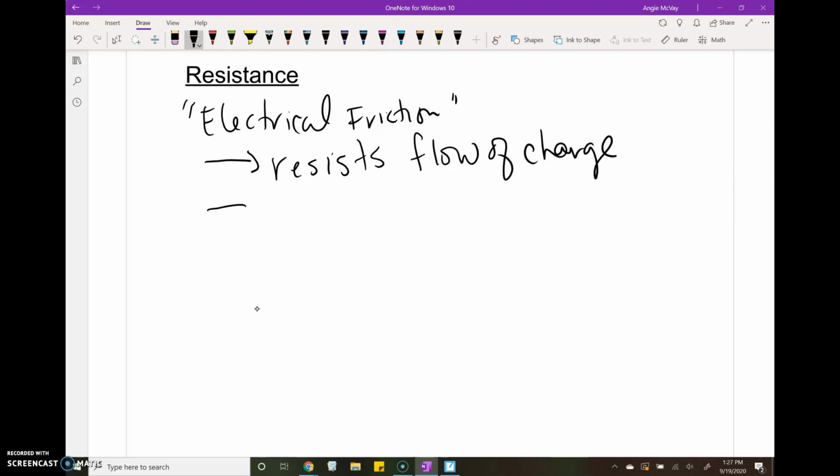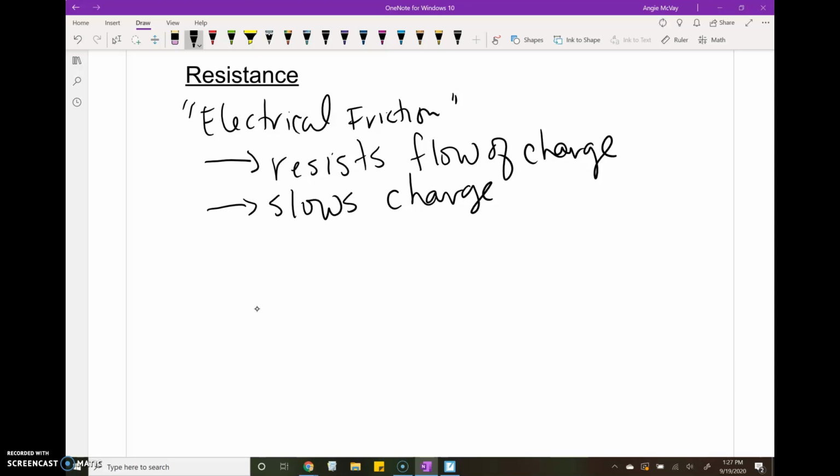Okay, and it slows it. Right, and just like friction in the macro world like we studied last year, electrical friction also produces heat, right? So resistance produces heat.